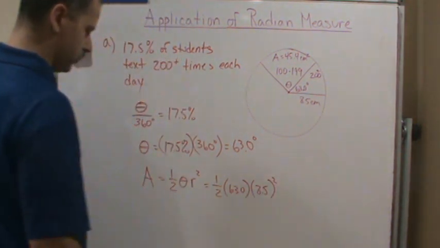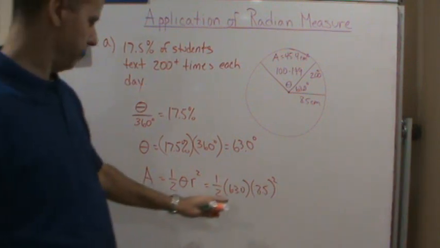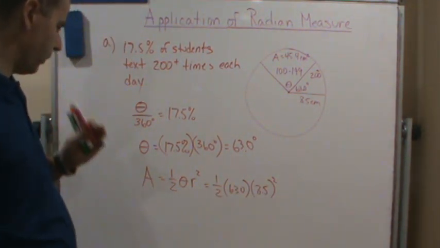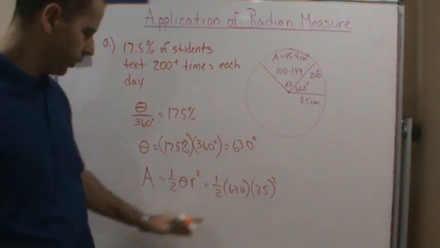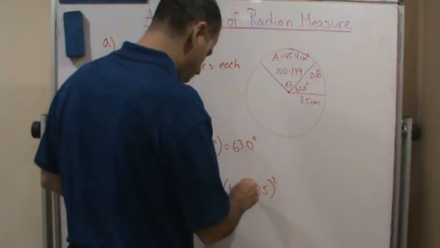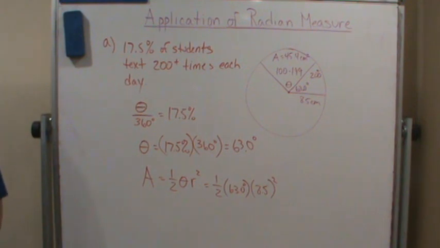This is centimeters, so the area is going to be centimeters squared. Oh, by the way, this is in degrees. Do we want it in degrees? No, the formula assumes radians, so we're going to have to change this to radians.